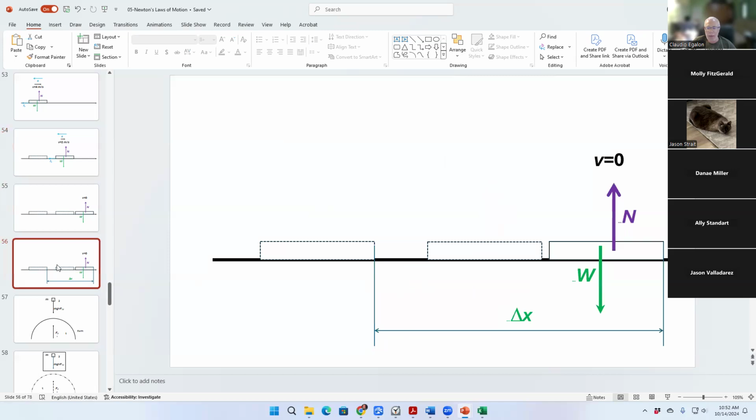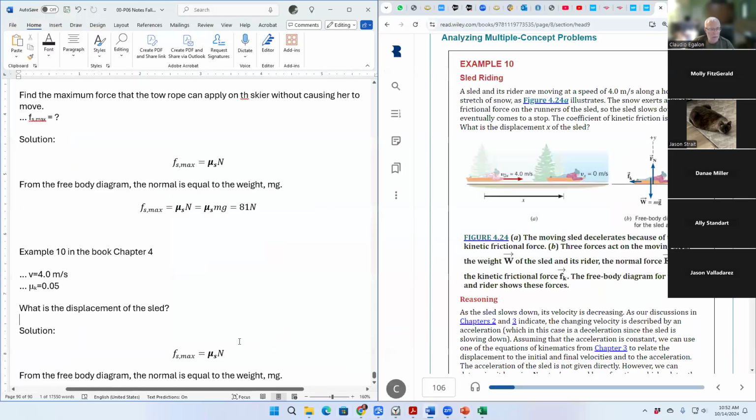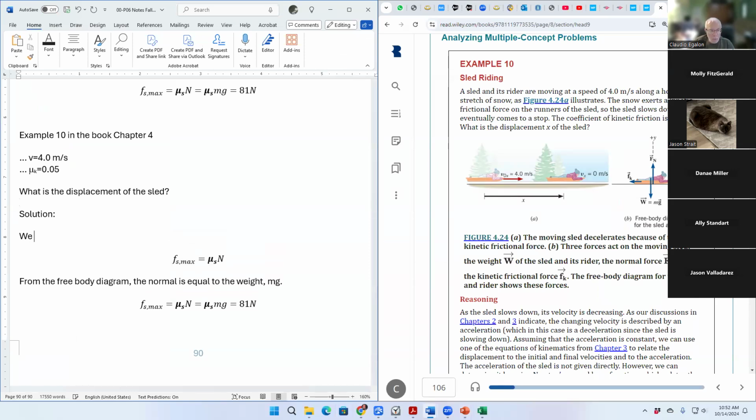So what we have to do here, we have to find the acceleration first. From the acceleration, we find the displacement by using the equations of kinematics, okay? So here you go. First step. We must first find the acceleration.